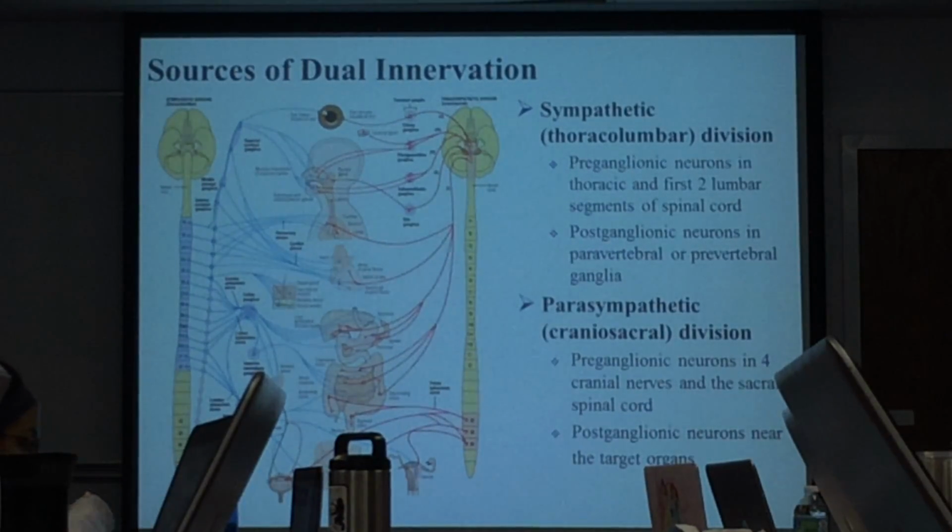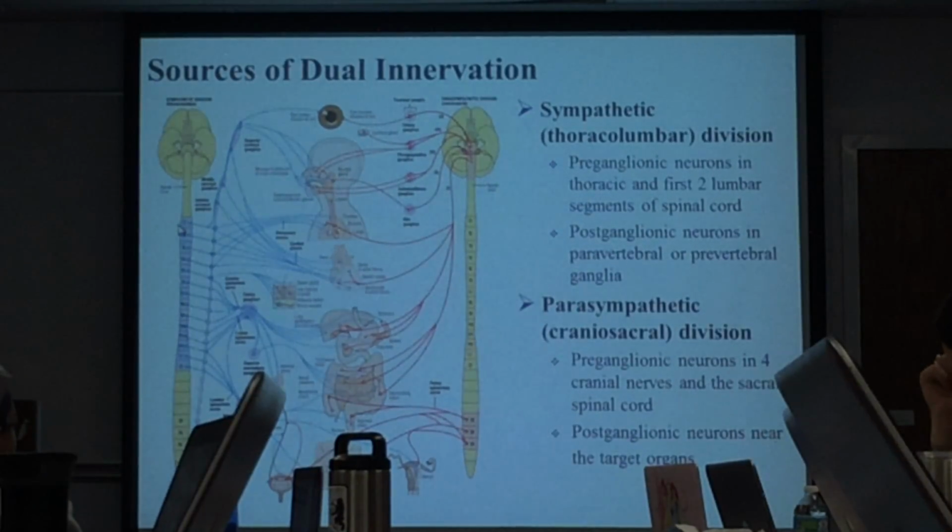Okay, so as I said earlier, every single organ is innervated by both the sympathetic and parasympathetic systems. For the sympathetic system, if you look at the side, this is the sympathetic system.